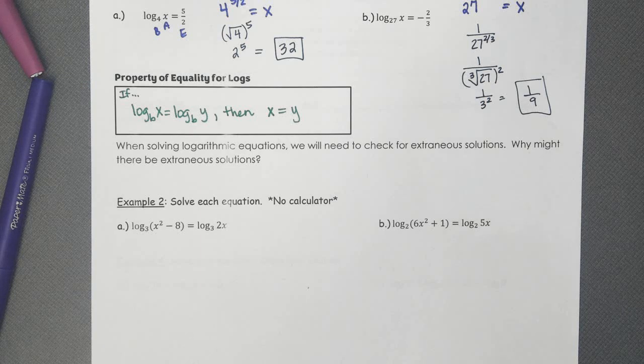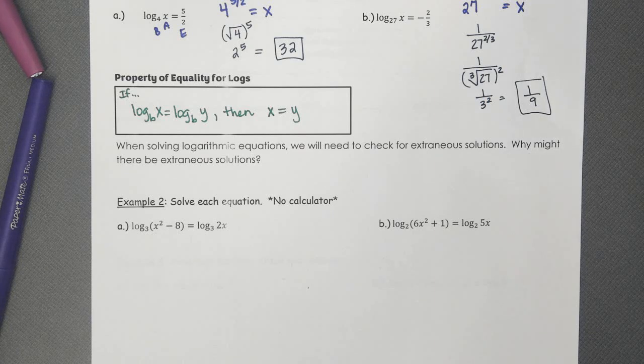Now with logs, we do have to check for extraneous solutions. Why might there be extraneous solutions? When do extraneous solutions come up? When have we encountered extraneous solutions?